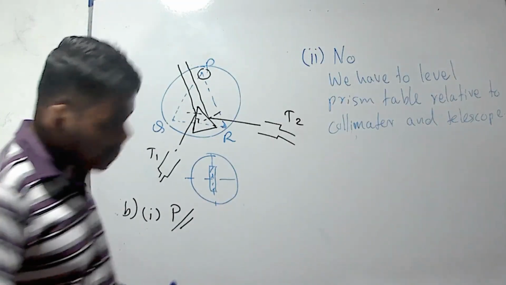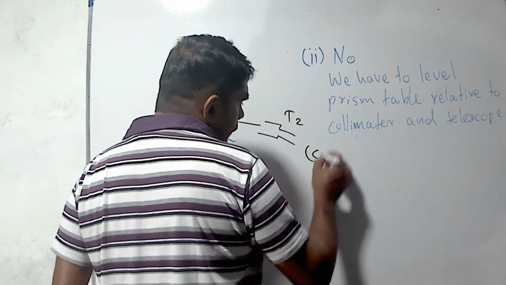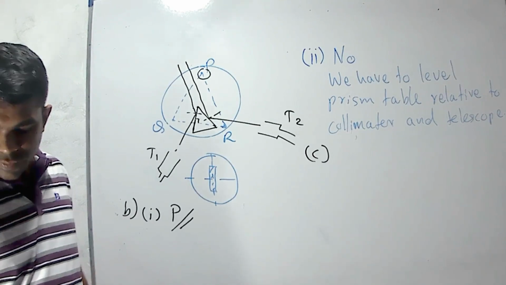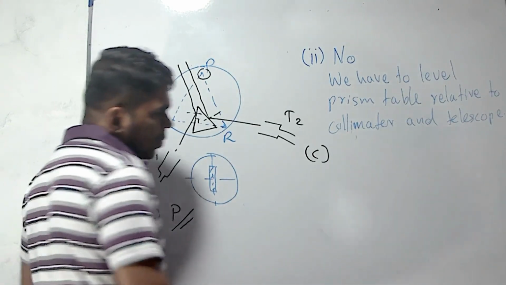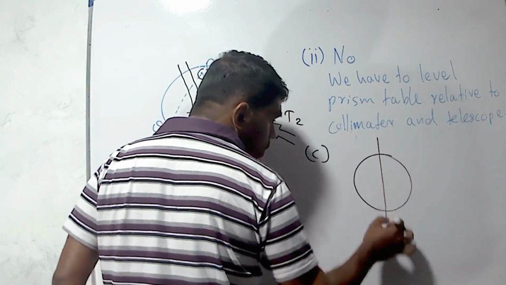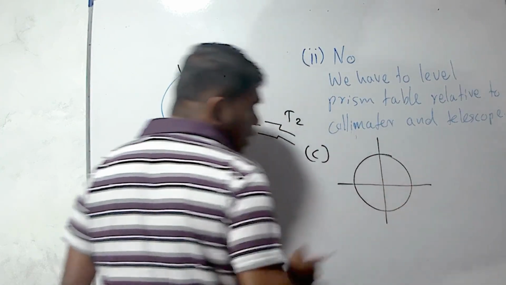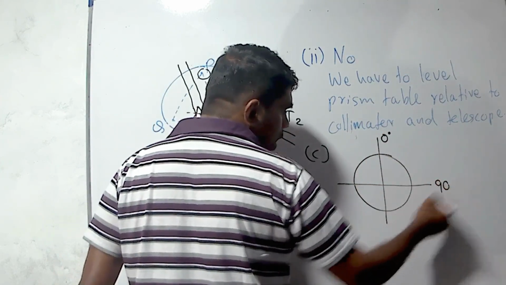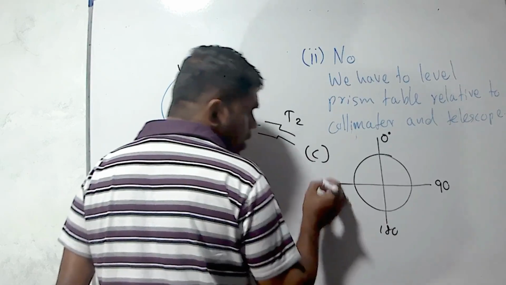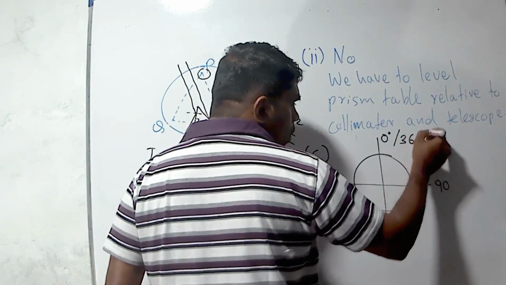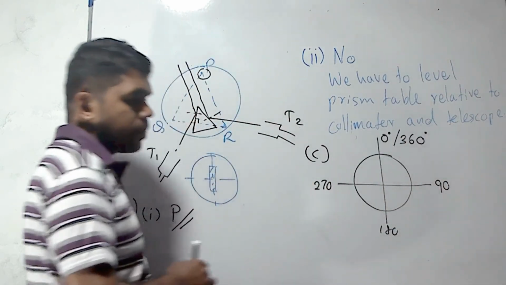When calculating the prism angle, we have to draw a rough sketch of the positions of the telescope. We know that 0 degrees, 90 degrees, 180 degrees, 270 degrees and 360 degrees for these 4 positions.